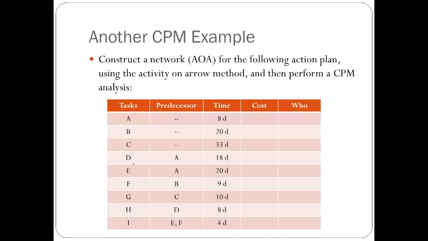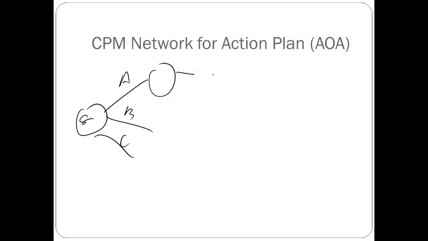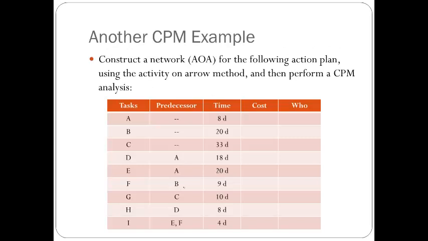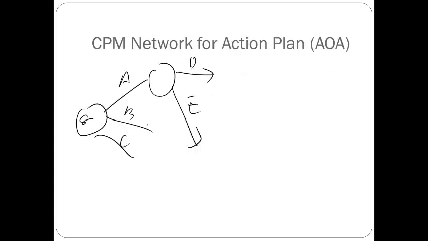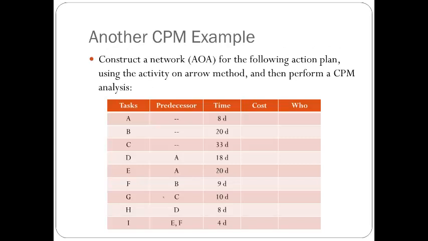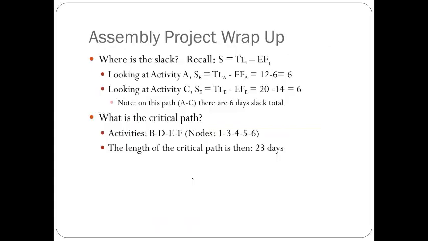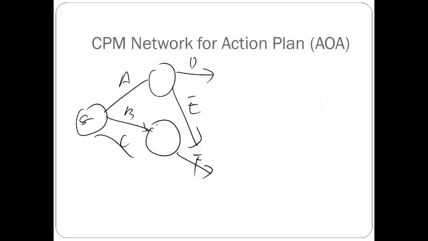Okay, and then A is the predecessor of D and E, so we'll have D and E coming out. And B is the predecessor of F, so we'll have F. And C is the predecessor of G, so we'll have a G also coming out there.